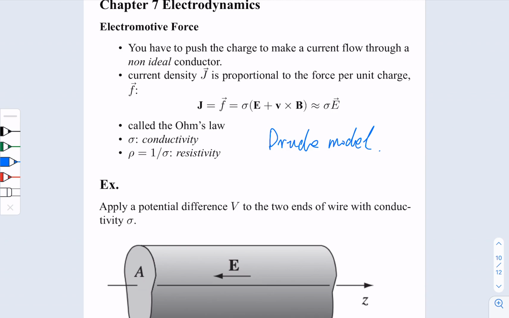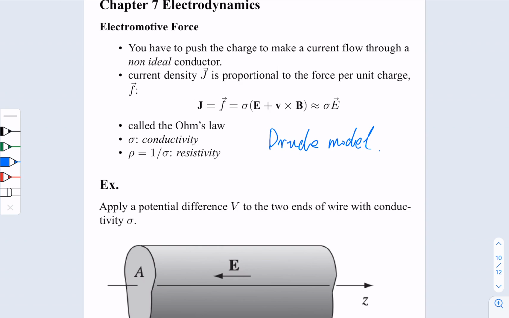Because if you apply a voltage difference to a perfect conductor, it doesn't make much sense, since a perfect conductor means an equipotential surface, so there cannot be a surface charge difference. If you apply a tiny voltage difference, the current will flow freely from one side to the other side.